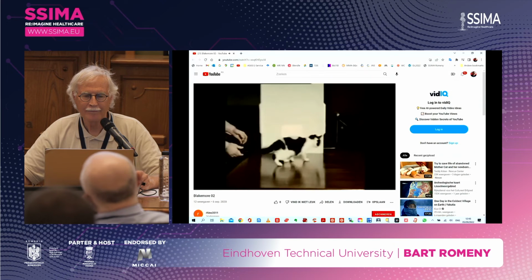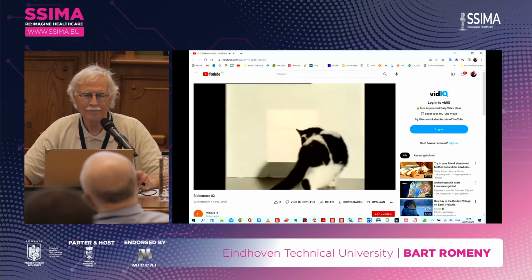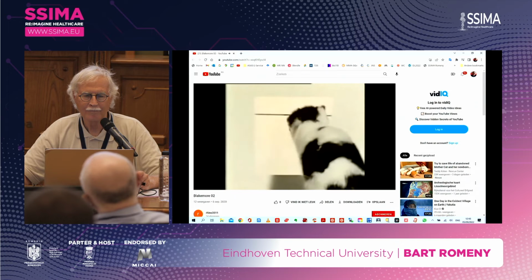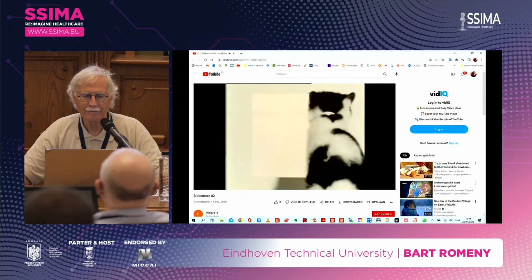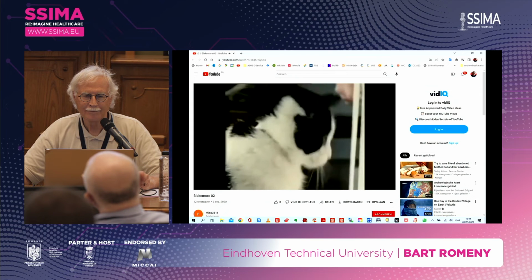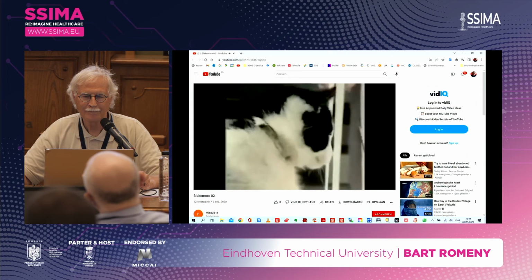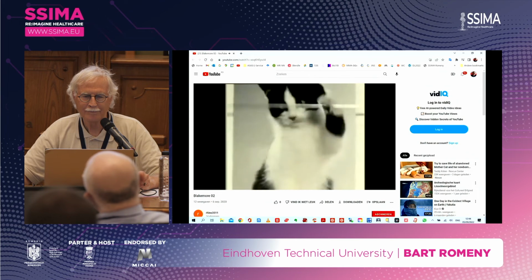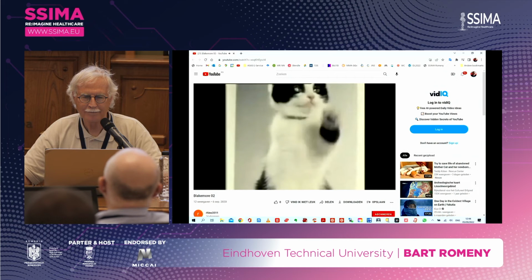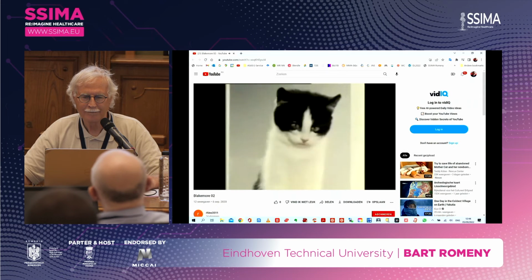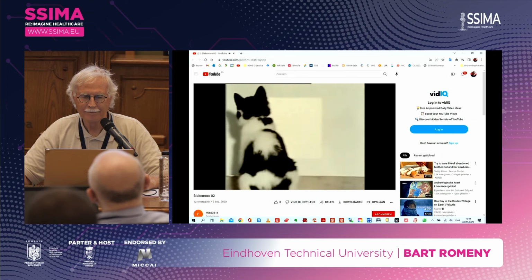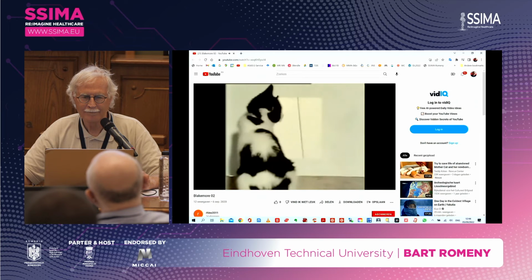Watch the way that it responds to a shaking horizontal stick. The kitten can see it. But if the stick is made vertical, the kitten no longer reacts to it.